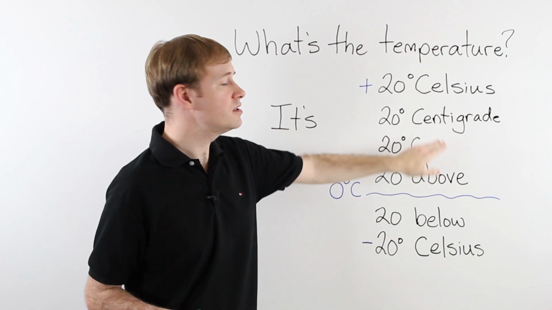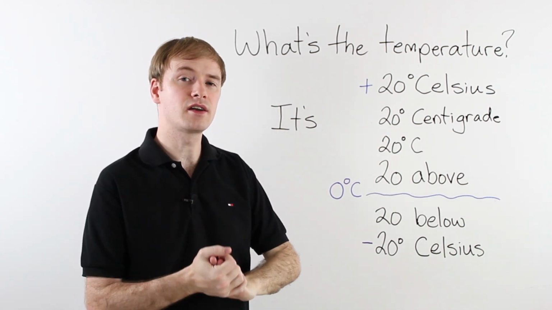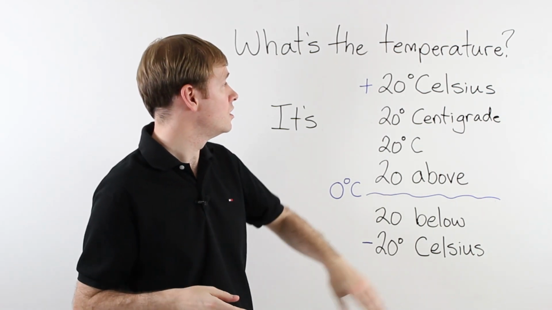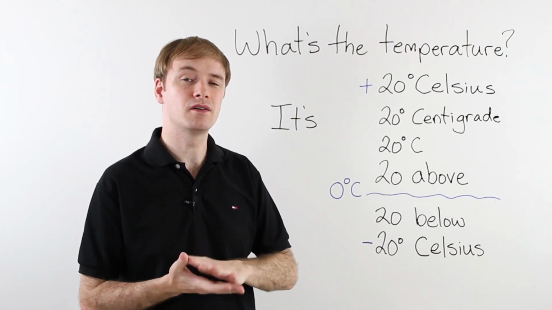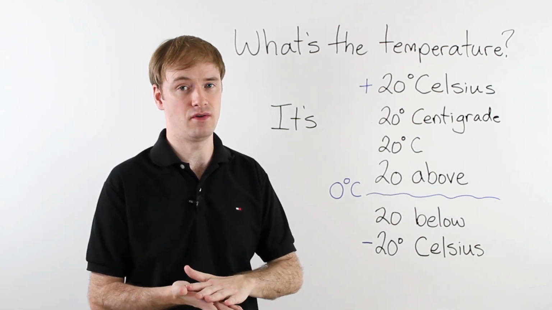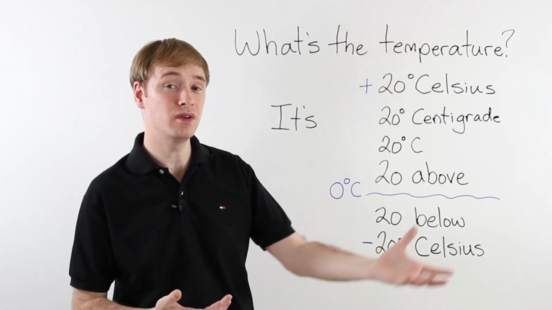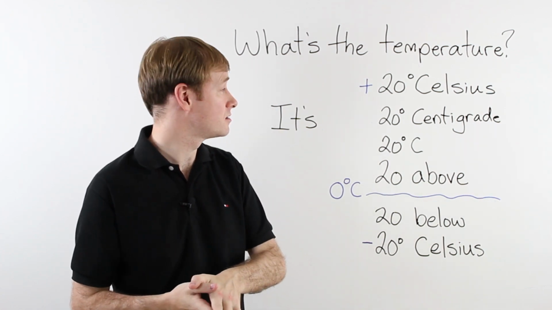Just centigrade is the old English style. So actually, I don't want you to say centigrade. I want you to only use Celsius, but I'm teaching you because you might hear centigrade. Some older people might say centigrade. So you hear centigrade, but you speak only Celsius.